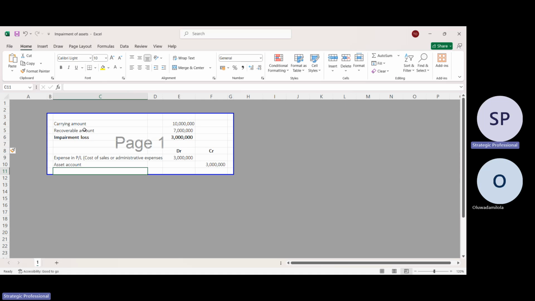Yeah, so this is how it will be posted. Assets is usually a debit account, but once you credit an asset, it means that you are reducing the value of that asset. So that's why you are crediting assets and debiting your P&L.